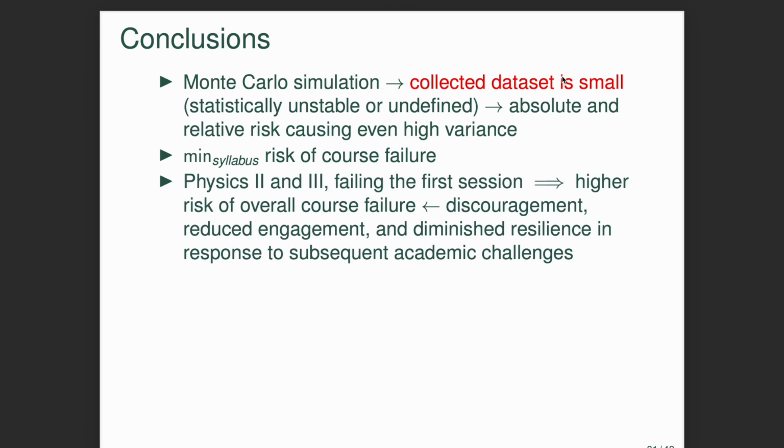In Physics 2 and 3, failing the first session is a more critical warning sign than failing the second. This may reflect psychological or motivational dynamics. A student who begins a course with poor performance is more likely to feel discouraged, disengaged, and less resilient in the face of further academic challenges.